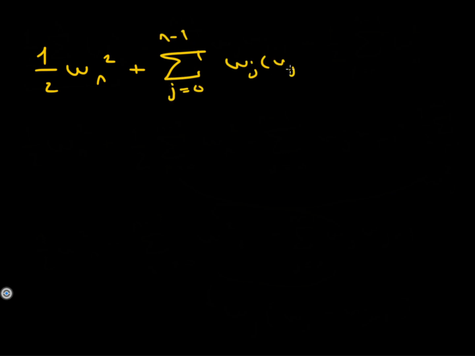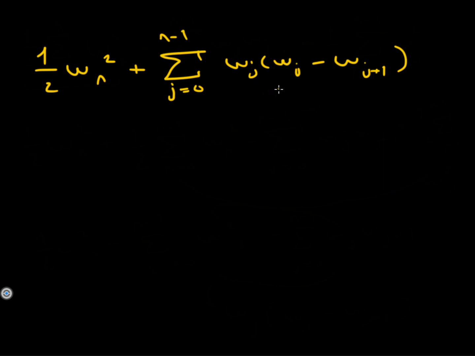So what we attain then is 1 over 2 wn squared plus summation of j equals 0 to n minus 1 of wj minus wj plus 1. Now this looks quite similar to our Ito integral, right?